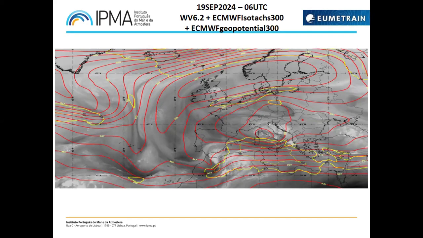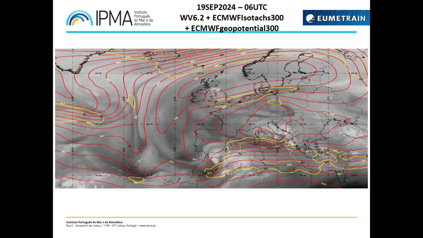So today, with isotachs at 300 and geopotential at 300, we can see here at 6 UTC a persistent high over low pattern over Europe that is dominating all Europe, with a high pressure system over northern parts and several low geopotential heights in the southern part and Mediterranean.